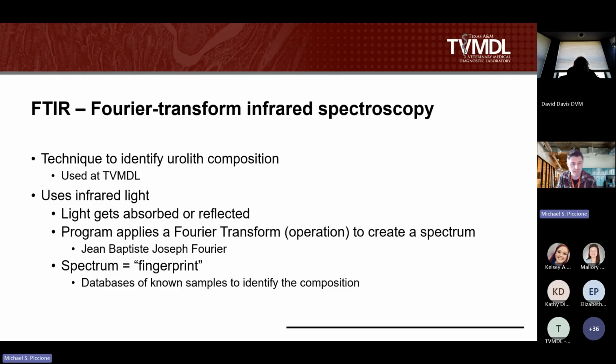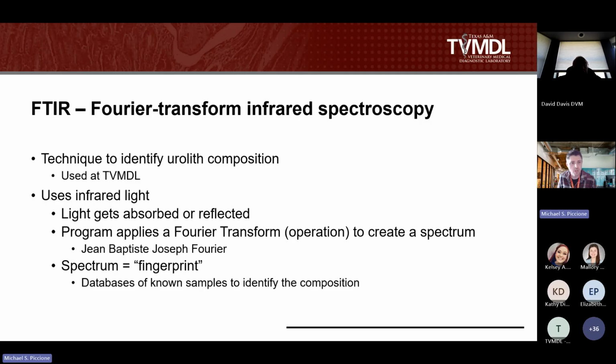This was something created by a gentleman a few hundred years ago, Jean-Baptiste Joseph Fourier. He created this mathematical operation, and it's because of that that we're able to use all this data to create a spectrum. The spectrum is a fingerprint of that sample. It is very unique to that sample. And once we get that fingerprint, we can then compare that to a database of known samples to identify the composition.